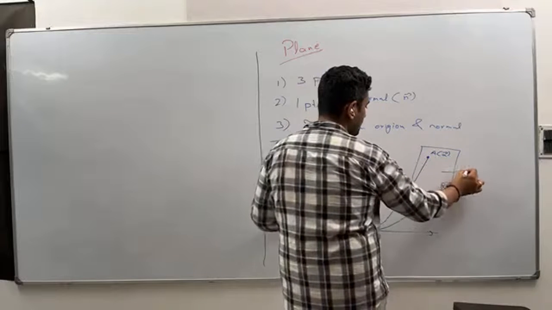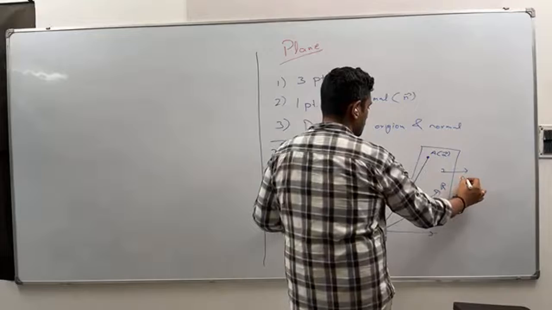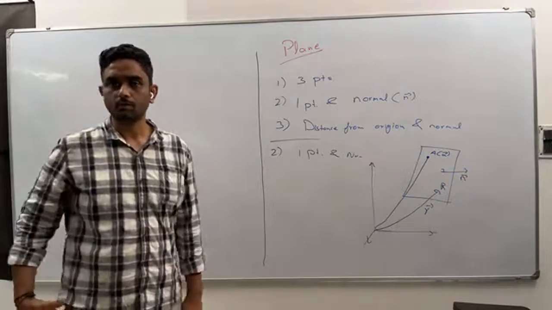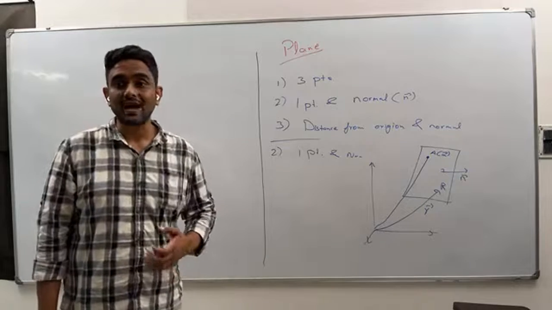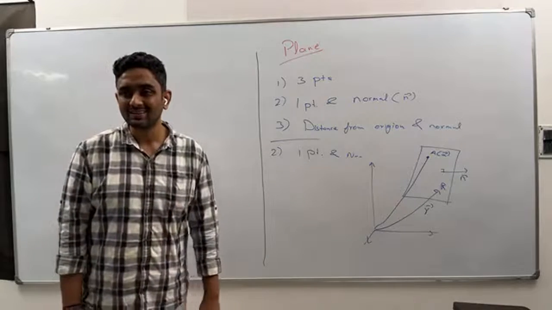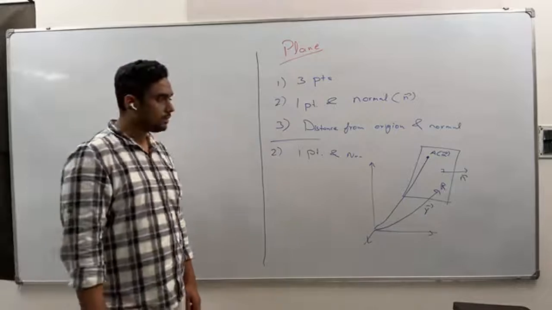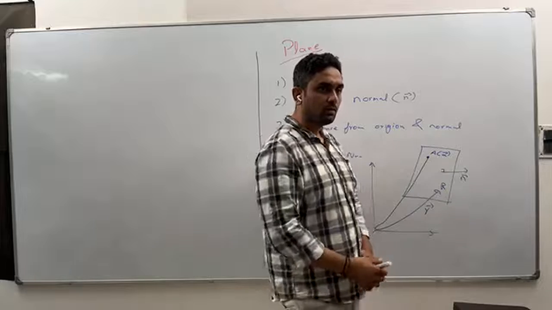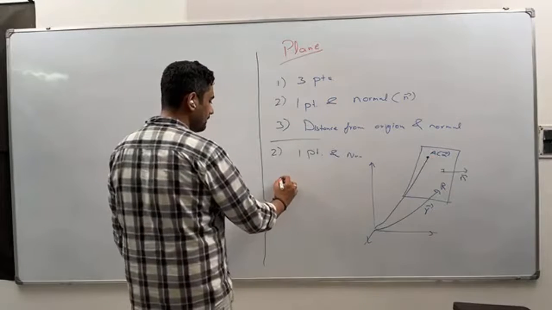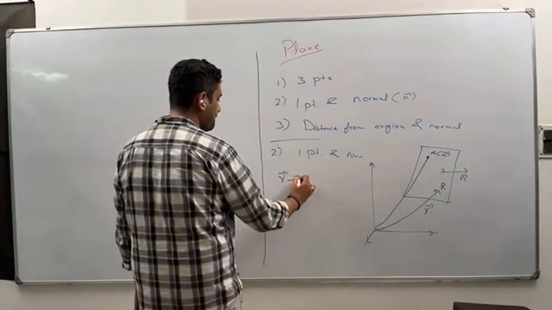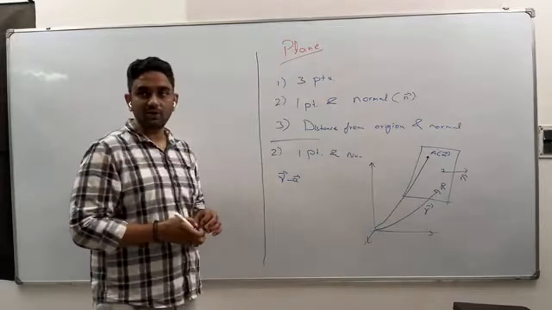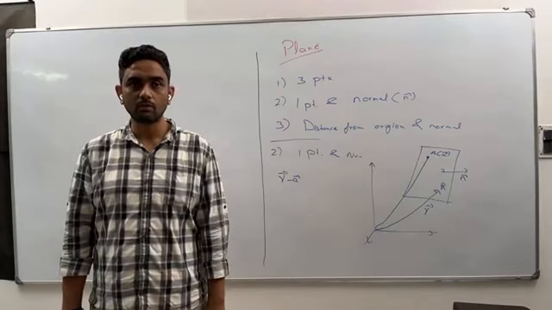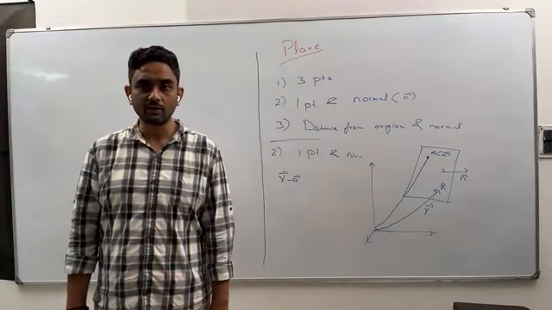And what else do we know? We know the normal vector. Now we have to find an equation, that means a relation of R with A and N. This is R vector, this is A vector. So what will be the vector R minus A? Will R minus A lie on the plane? R minus A will lie on the plane, right?